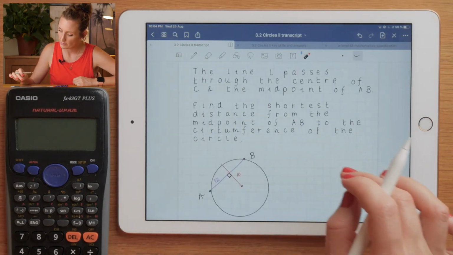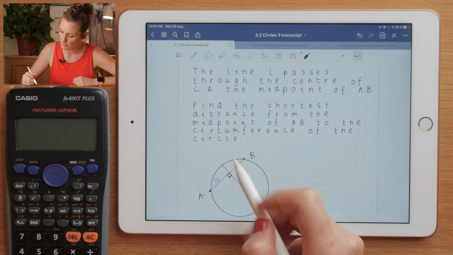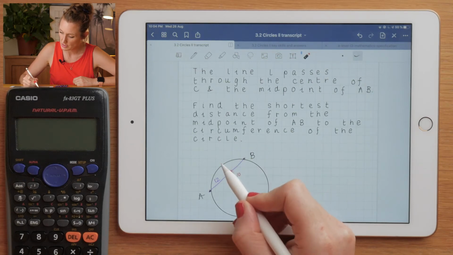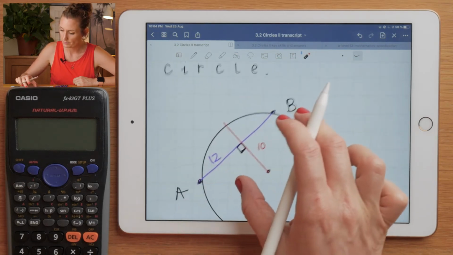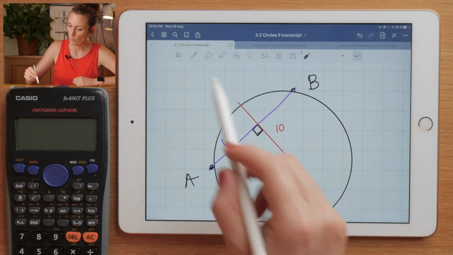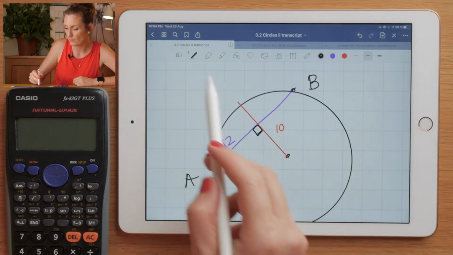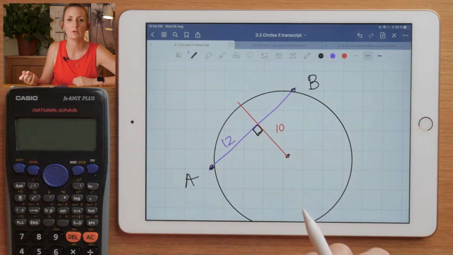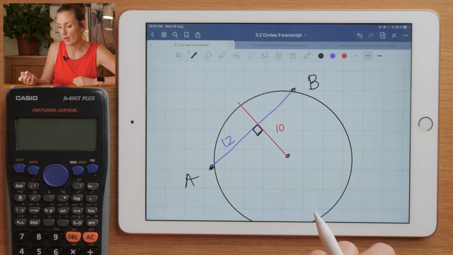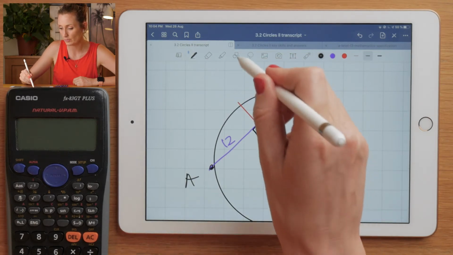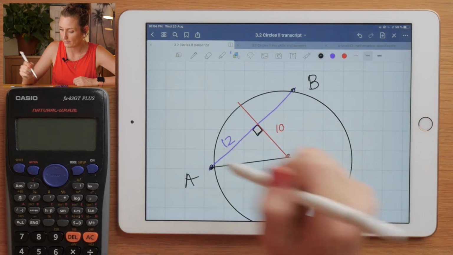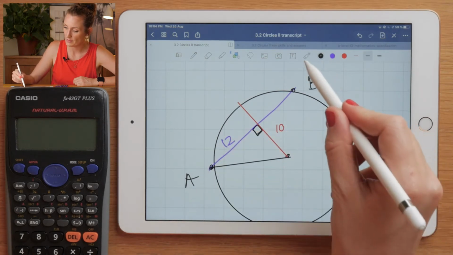Now, we're asked to find the shortest distance from the midpoint of AB to the circumference. So what we're going to do here is form a right-angled triangle so we can make use of our trigonometry. If I put one here, for example, I know that this is the midpoint.